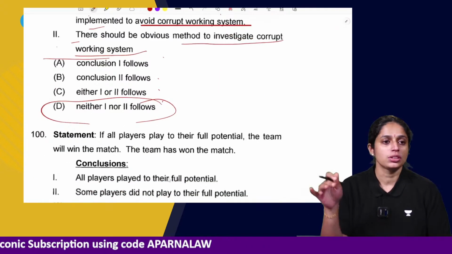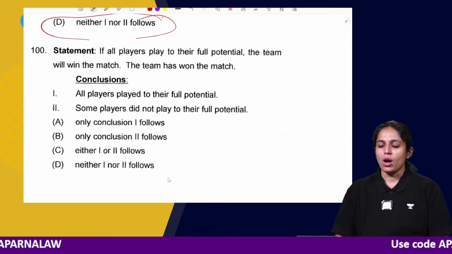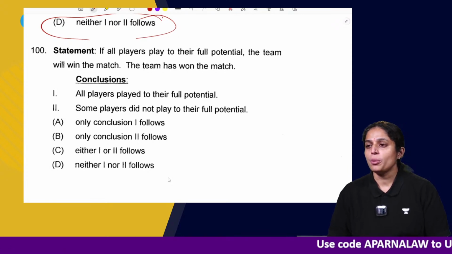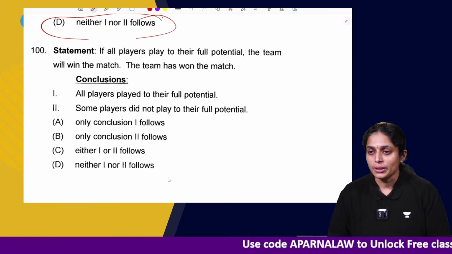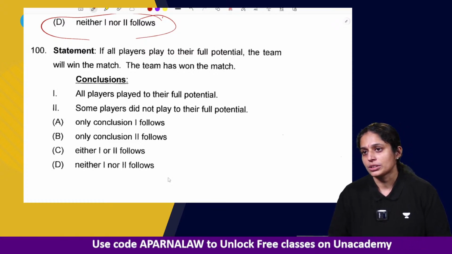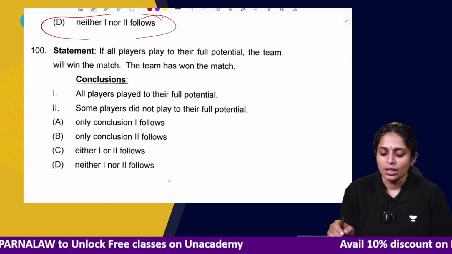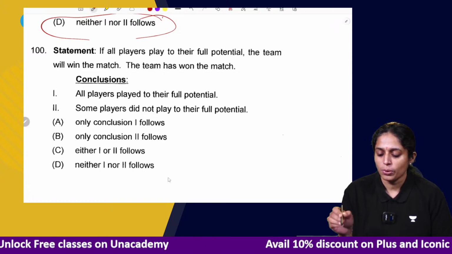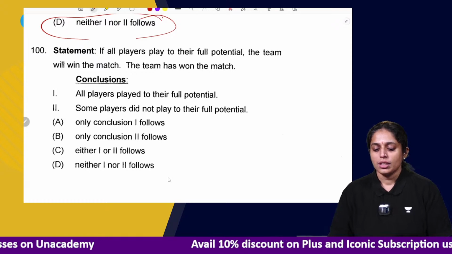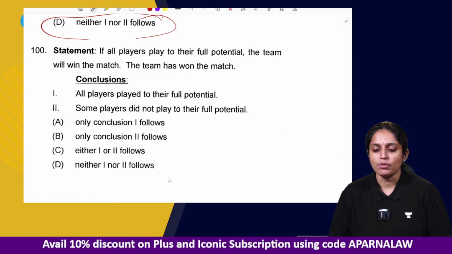And the last question, today's last question, is this one. If all players play to their full potential, the team will win the match. The team has won the match. So the conclusions are: 1, all players play to their full potential; 2, some players did not play to their full potential.